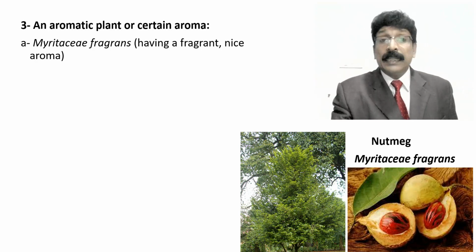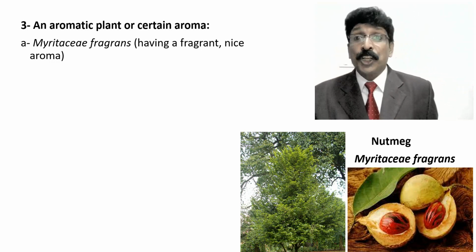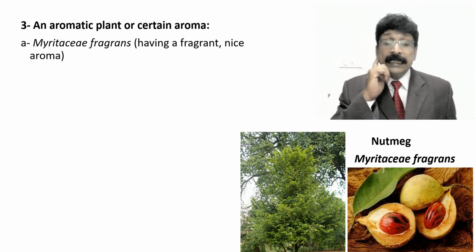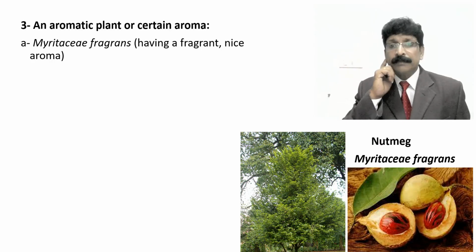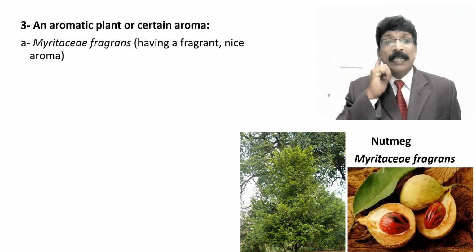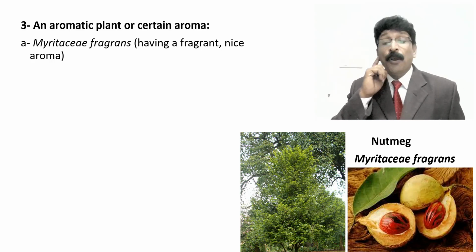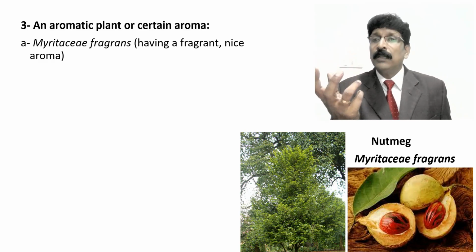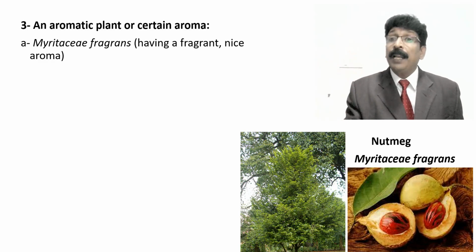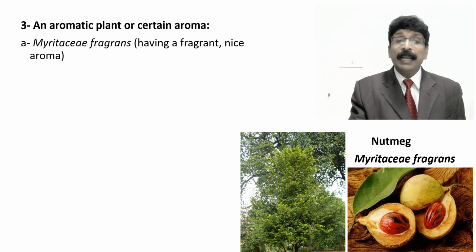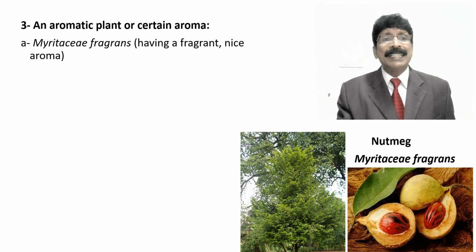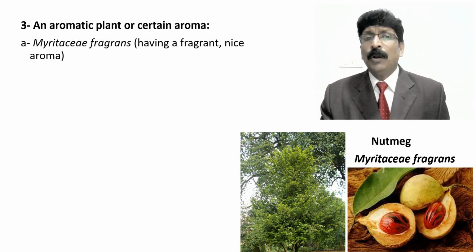They started cultivating it in Thrissur and every area of Kerala. They started cultivating this nutmeg, Myristica fragrans, due to its flavor, and it is a very useful flavoring agent for many purposes. Even in biryani we use this. So very important, this cultivation is now very common.